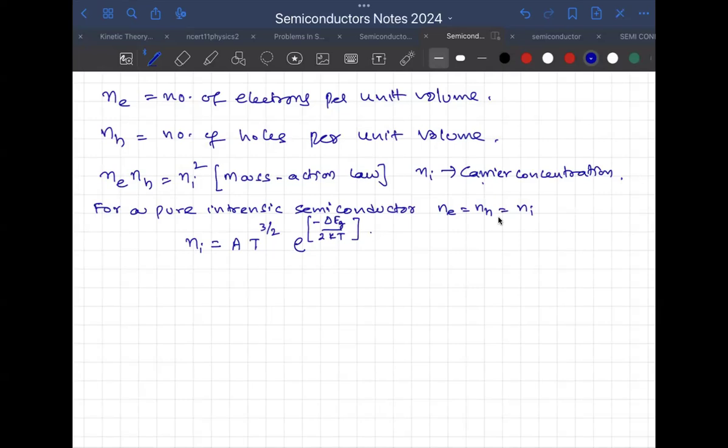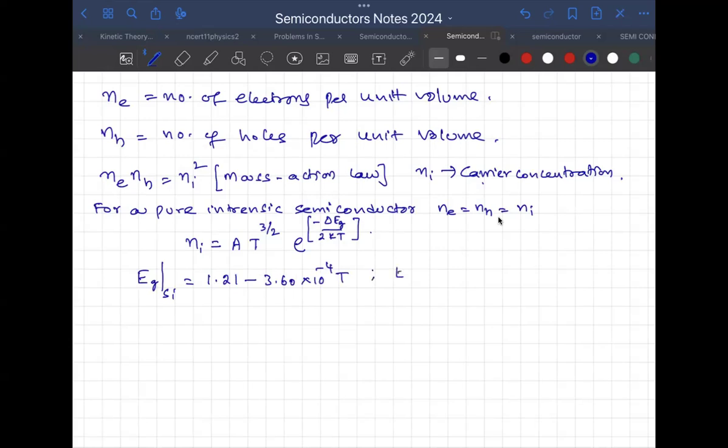Also, energy gap is also a function of temperature. For example, energy gap in case of silicon can be written as 1.21 minus 3.60 into 10 power minus 4 T, where T means temperature in Kelvin.